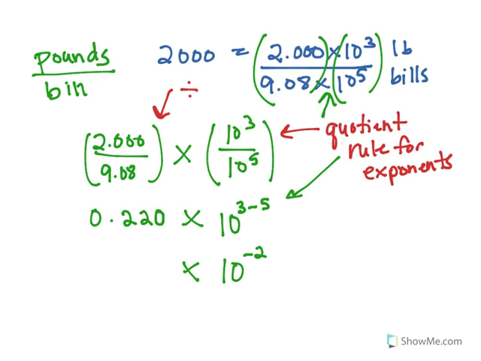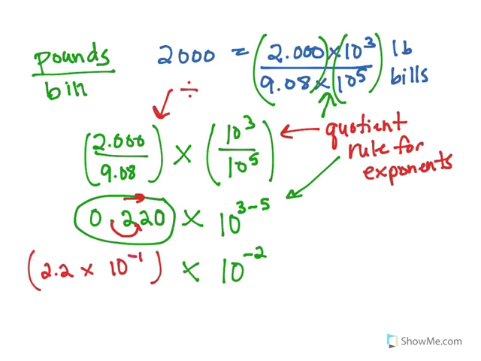All right, we need to put this number into proper scientific notation, so we're going to move this decimal over one place to the right. So we're going to write this number as 2.2 times 10 to the negative 1. Again, we're going to move our parentheses so that they're grouped around our base 10s.